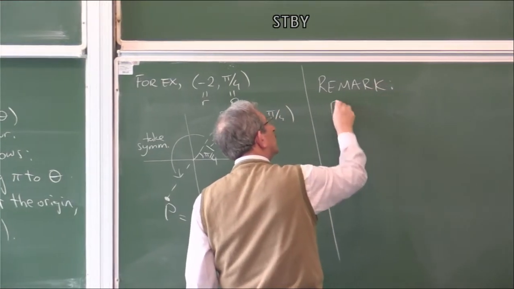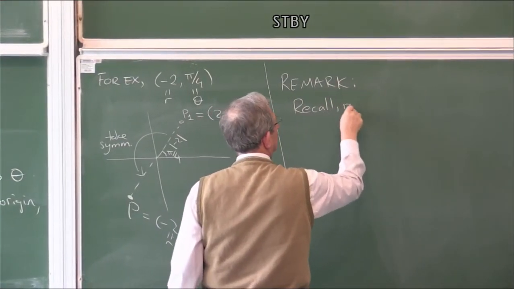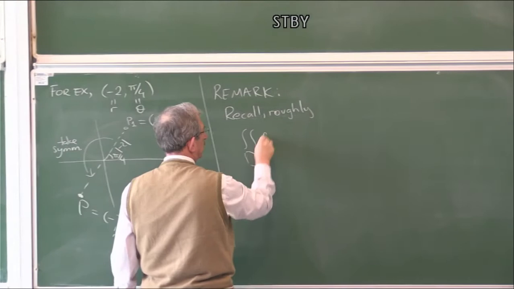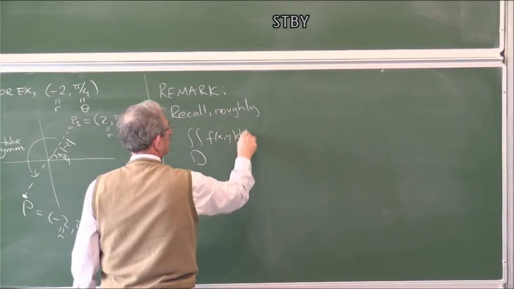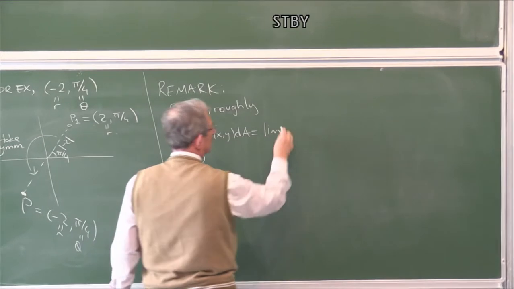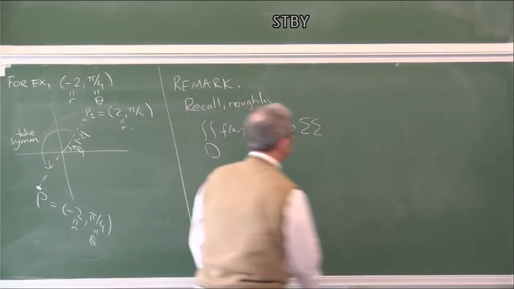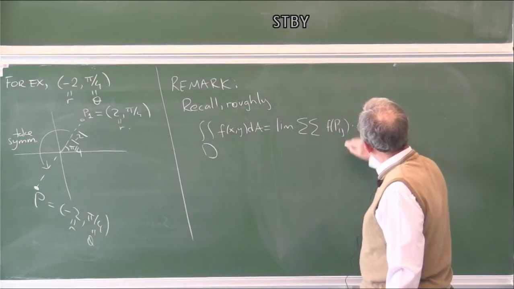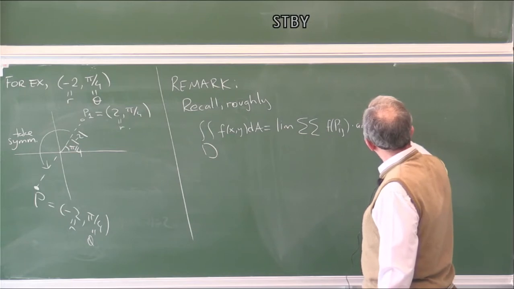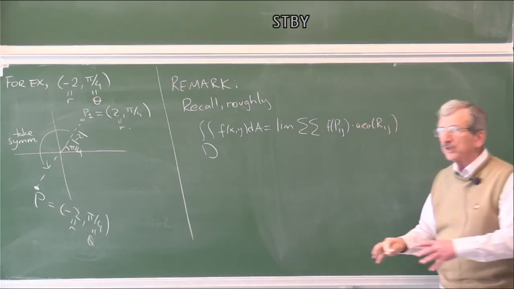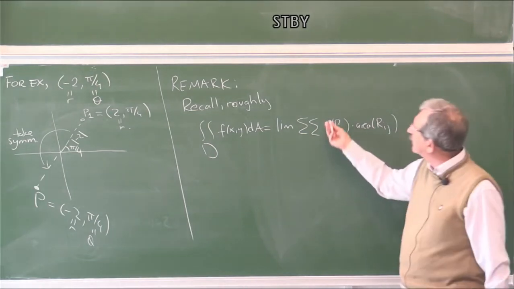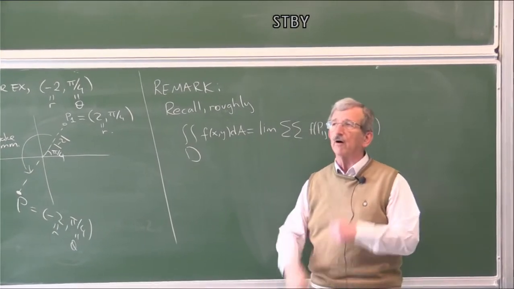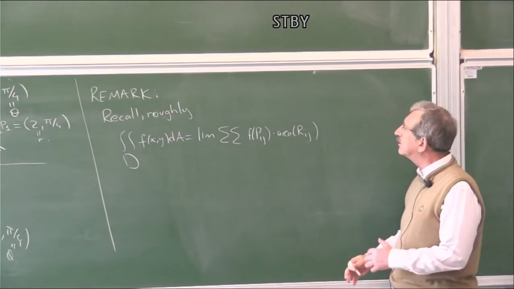Now let us recall that roughly a double integral over D is the limit of the double sums of f of P_ij's times area of R_ij's. Here I'm not going to details, namely we assume f is 0 outside a rectangle containing D. We discussed them at the very beginning of our introduction to double integrals.